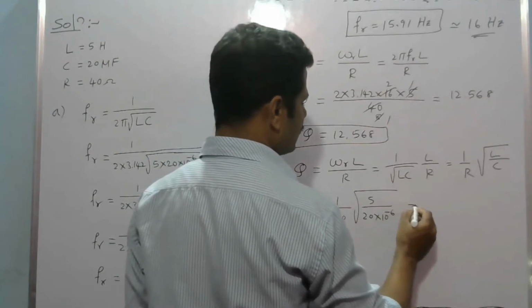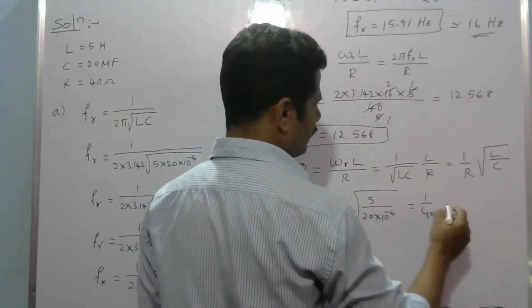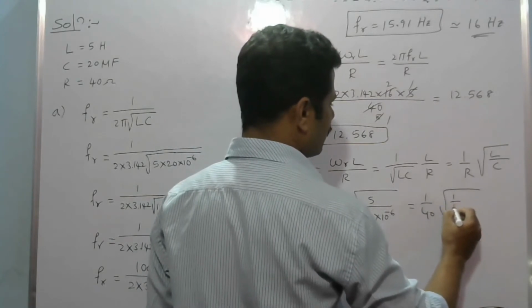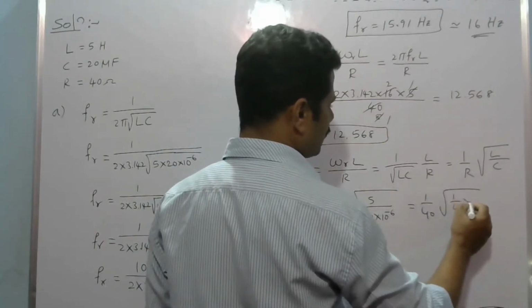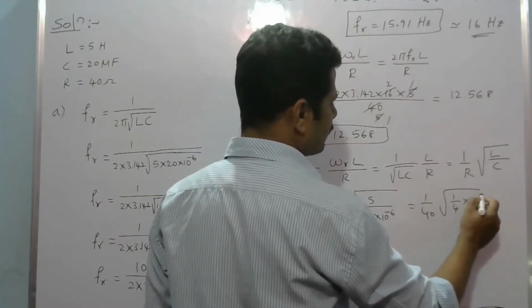Simplifying this, we get 1 divided by 40 times the square root of 1 by 4 into 10 to the power minus 6. If it goes up, it becomes 10 to the power plus 6.